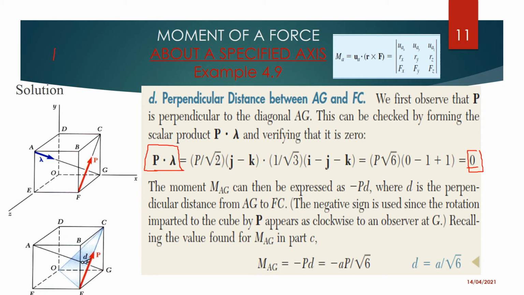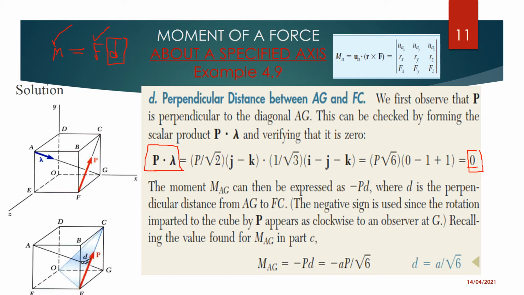If you want to find a moment, it is equal to the force times the perpendicular distance, which is d. So now we are looking for d, because we know that d is always supposed to be perpendicular, right? We already have the moment and we already have the F. The moment that I'm talking about is the moment about AG.